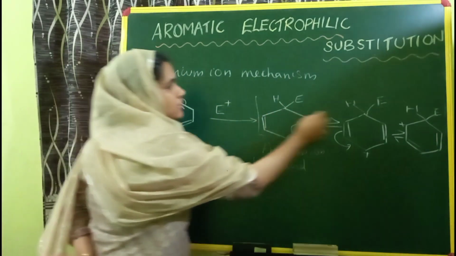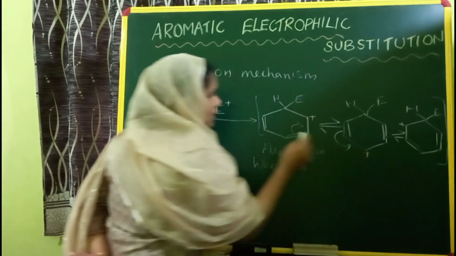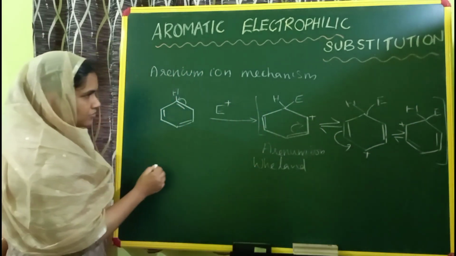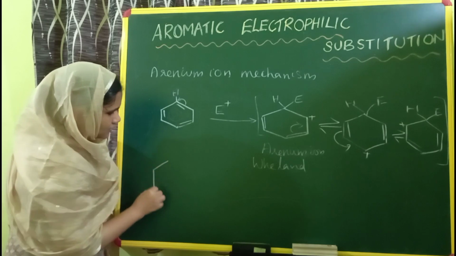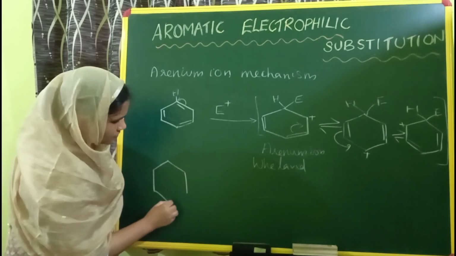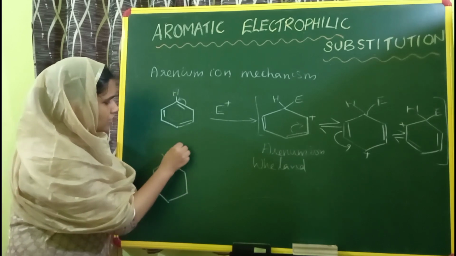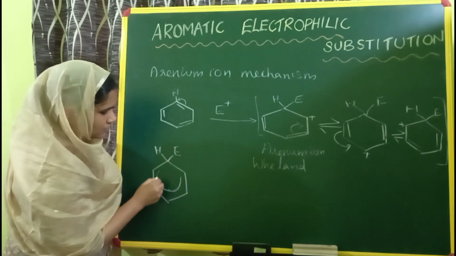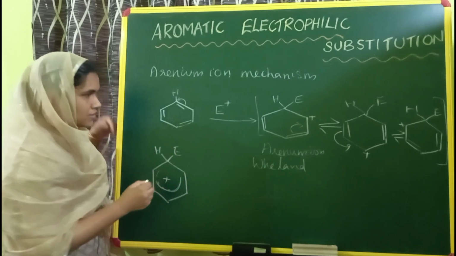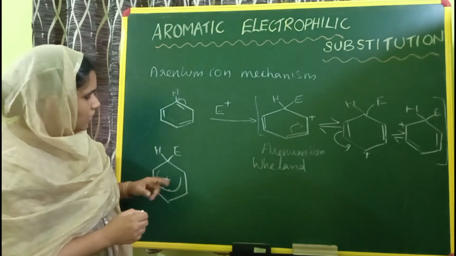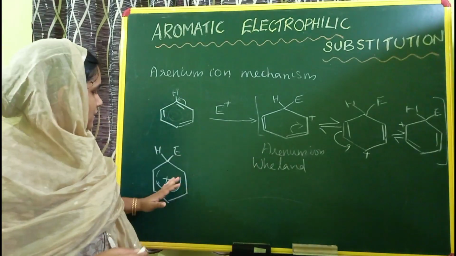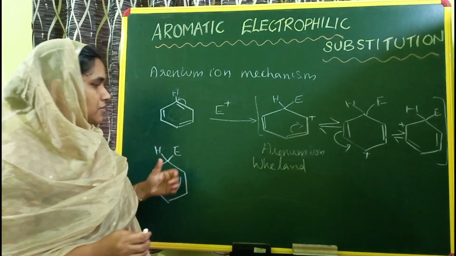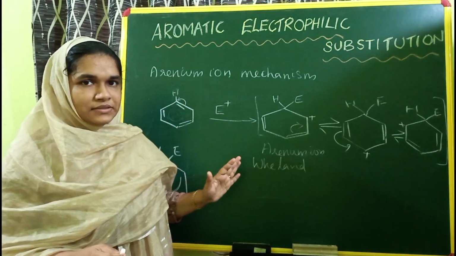So these resonating structures can be written as the resonance hybrid like this, where E and H are there, and this is a resonance stabilized arenium ion. This resonance stabilized arenium ion is also called Wheland intermediate.